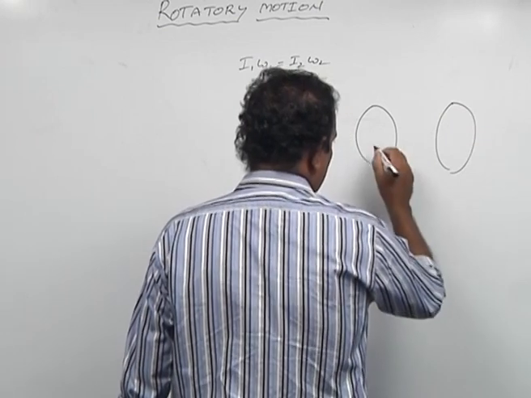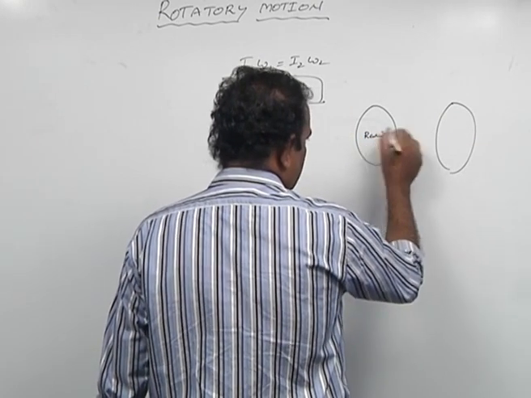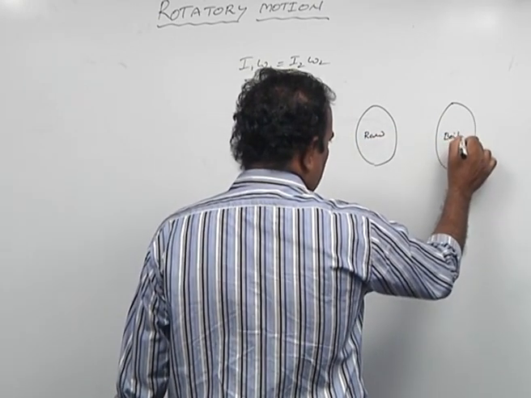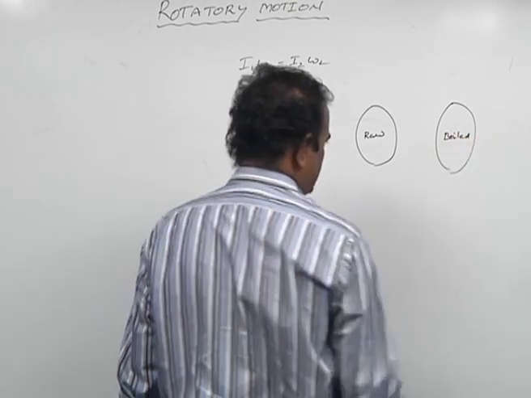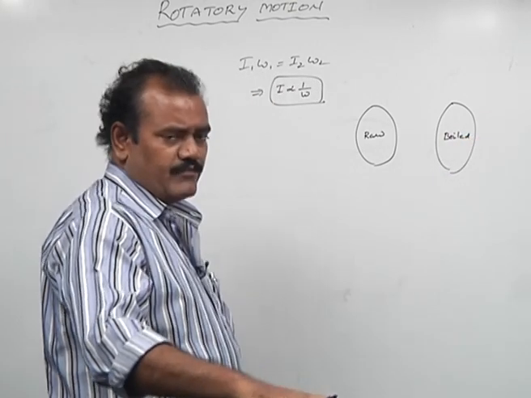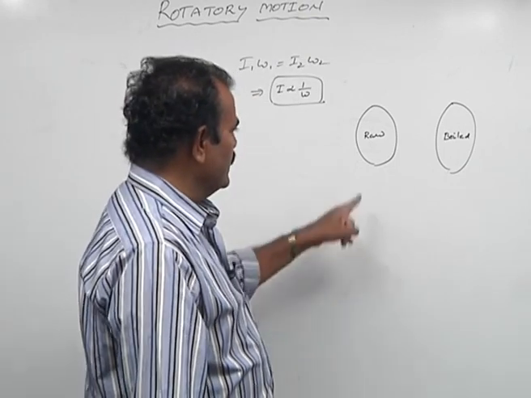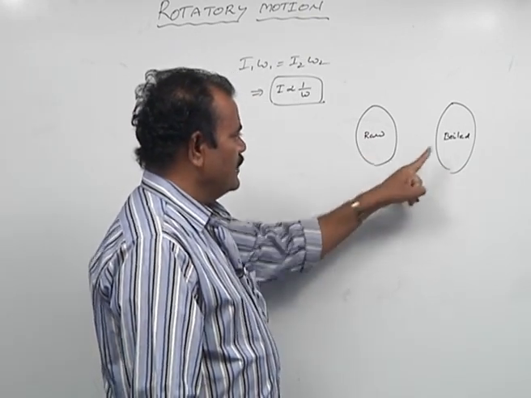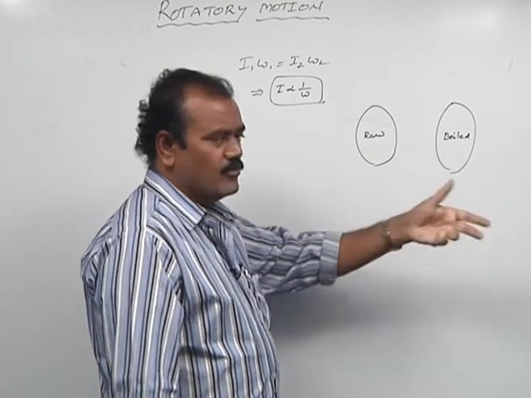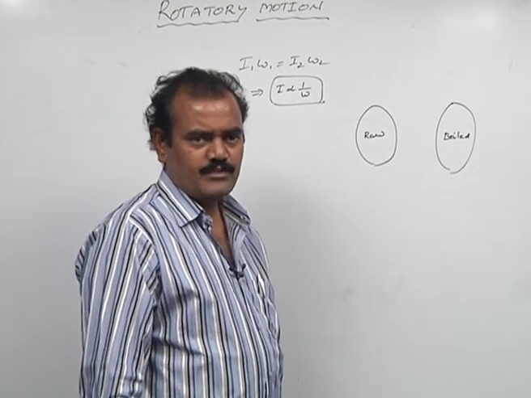Both are given the same angular velocity and rotated with the same angular speed. But in this case, the raw egg comes to rest quickly and the boiled egg takes some more time to come to its final rest. Why?